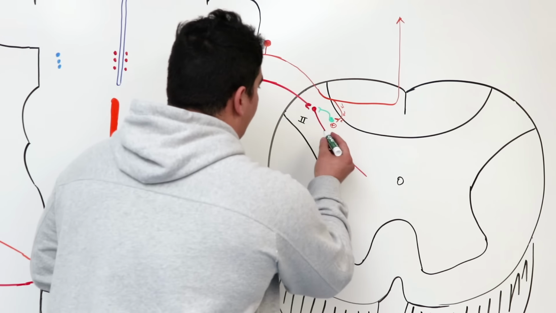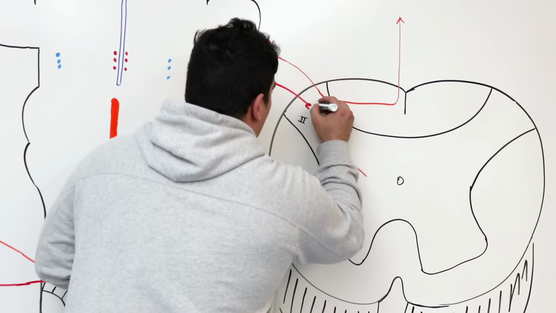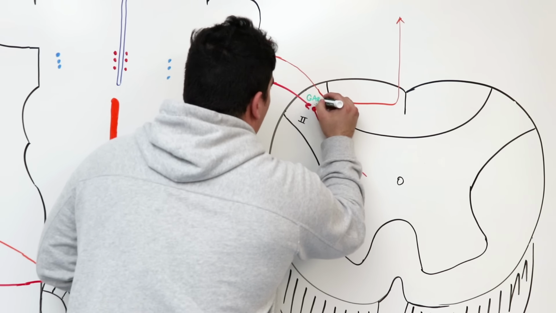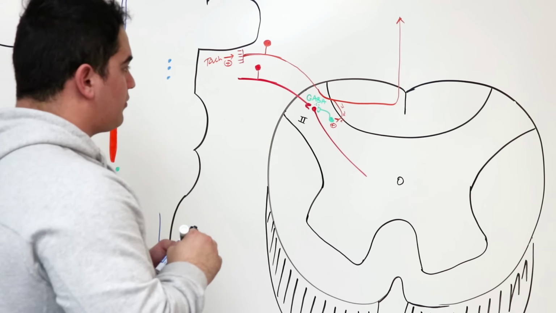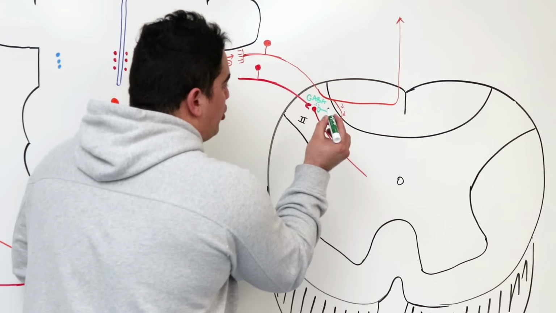Mainly GABA. Okay, so they start releasing chemicals into the synapse called gamma-aminobutyric acid. And what that does is it can inhibit two points.